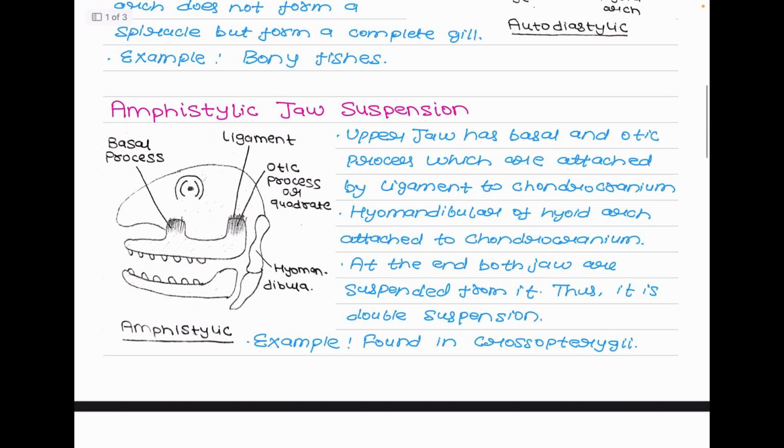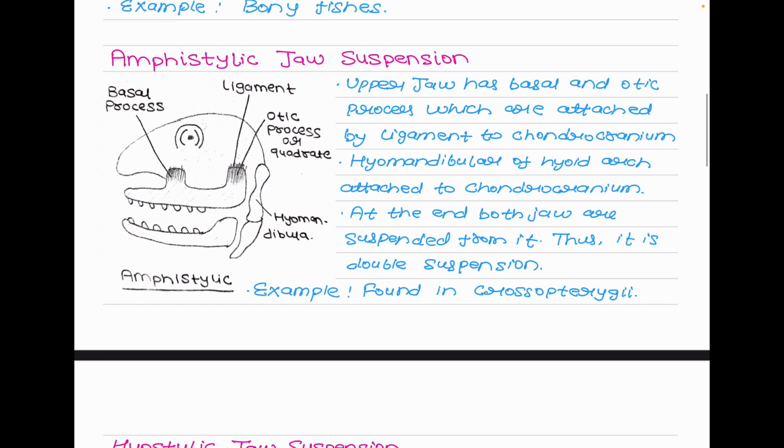Next is Amphistylic Jaw Suspension. The upper jaw is attached to the chondrocranium by both a basal and an otic process through ligaments. The hyomandibular of the hyoid arch also helps support the jaws. Therefore, both the chondrocranium and the hyoid arch contribute to jaw suspension, a double suspension.